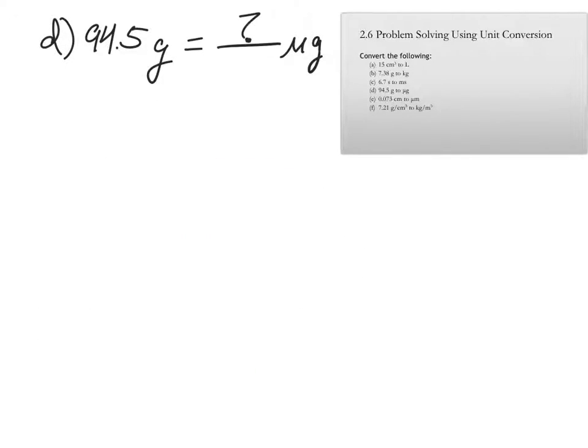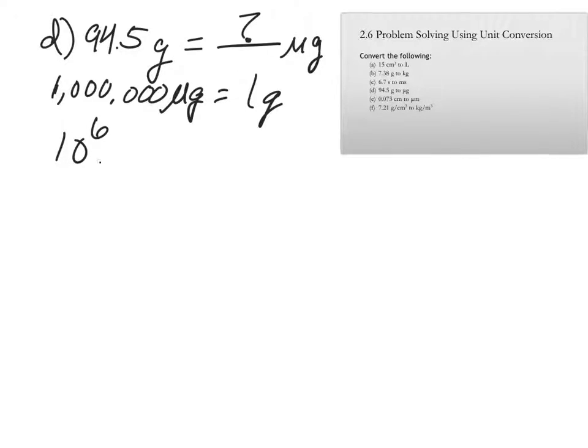Problem D here, 94.5 grams into micrograms. Well, you might need to look this up, but there are 1 million micrograms in a gram. Or you could say there's 10 to the 6th micrograms in 1 gram.